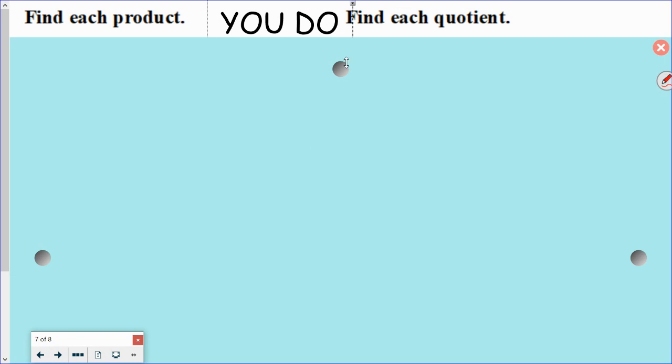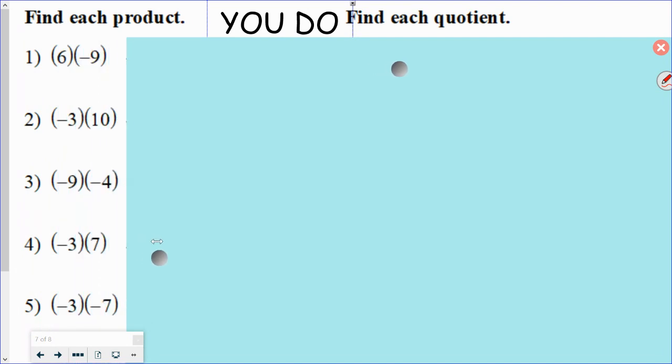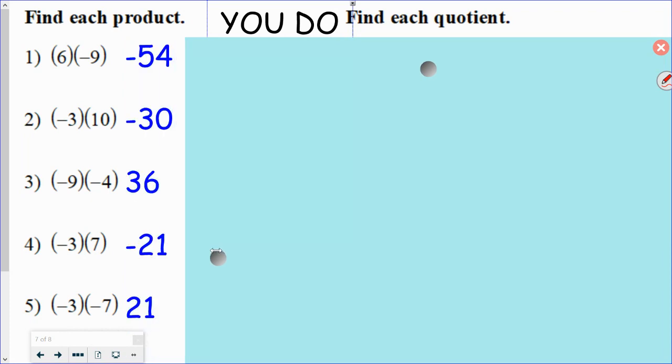All right, so on this page, you have some you do and fill in the blanks. Okay, so pause the video, try these 5 problems, and see how you're doing with getting your negatives in the right answers. Okay, all right, well, go back, check your multiplication answers.